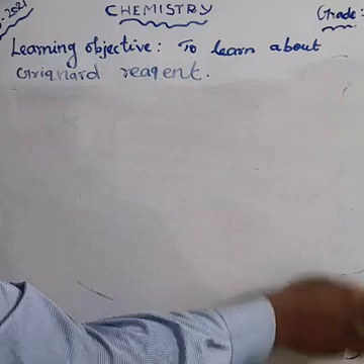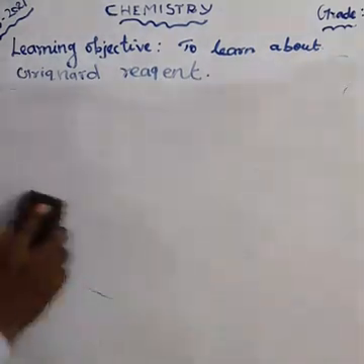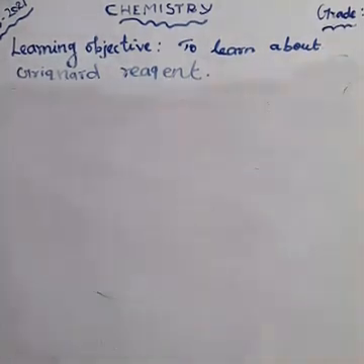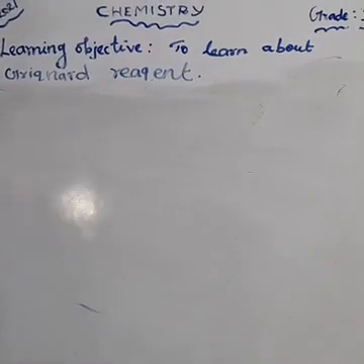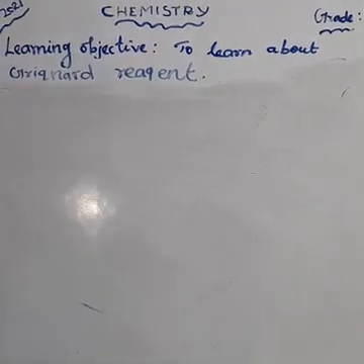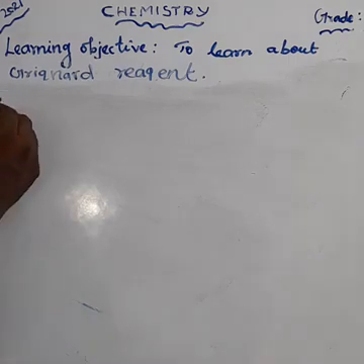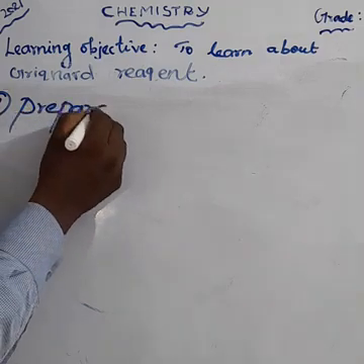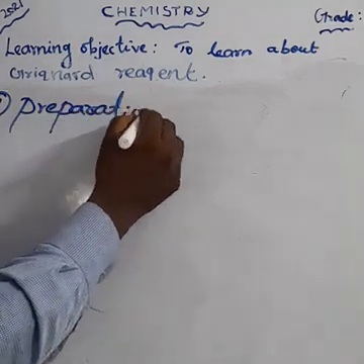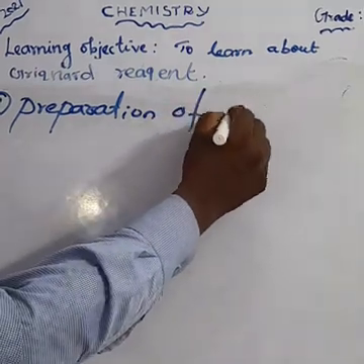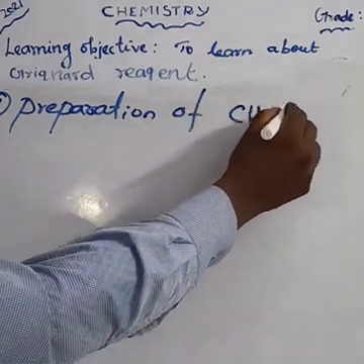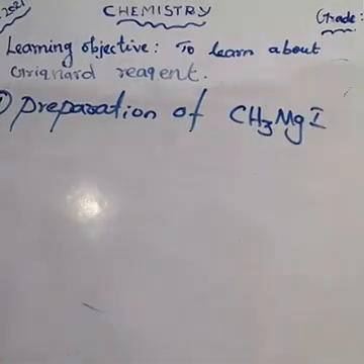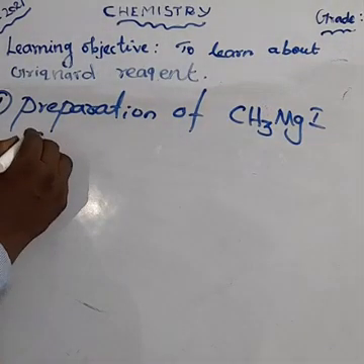Next, the synthetic uses: the preparation of primary alcohol, secondary alcohol, tertiary alcohol, carboxylic acid, etc. Am I right? So the first one, don't forget, is the preparation of methyl magnesium iodide. Next one is the synthetic uses.